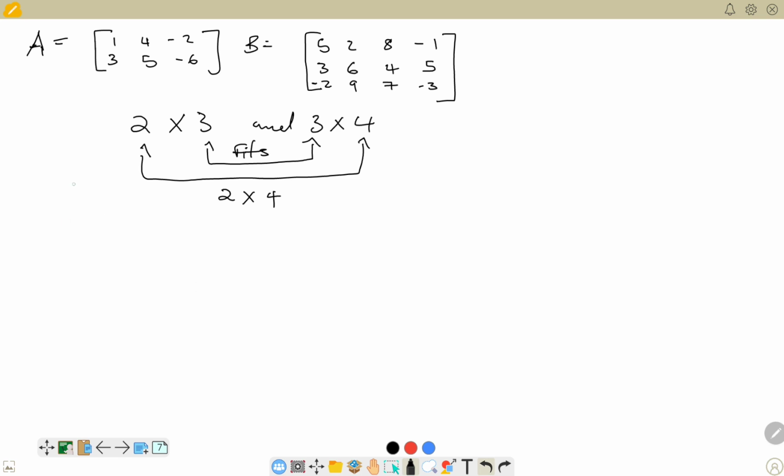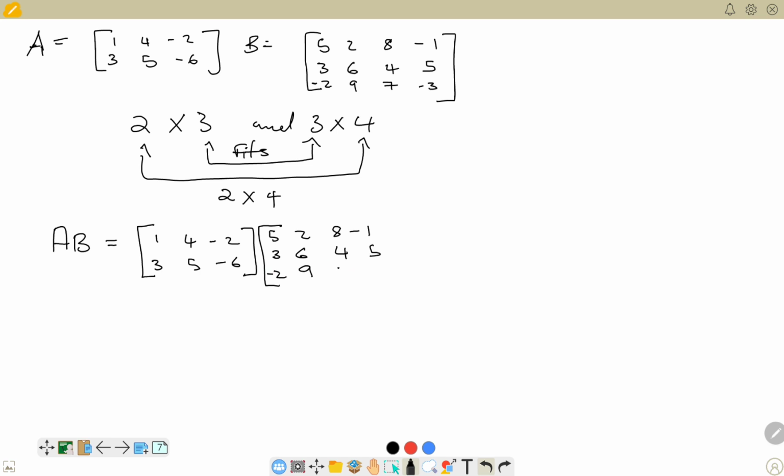So let's write it. If we multiply AB, we are doing AB. We can write it like this: 1, 4, minus 2, 3, 5, minus 6, then multiply by 5, 2, 8, minus 1, 3, 6, 4, 5, minus 2, 9, 7, minus 3.